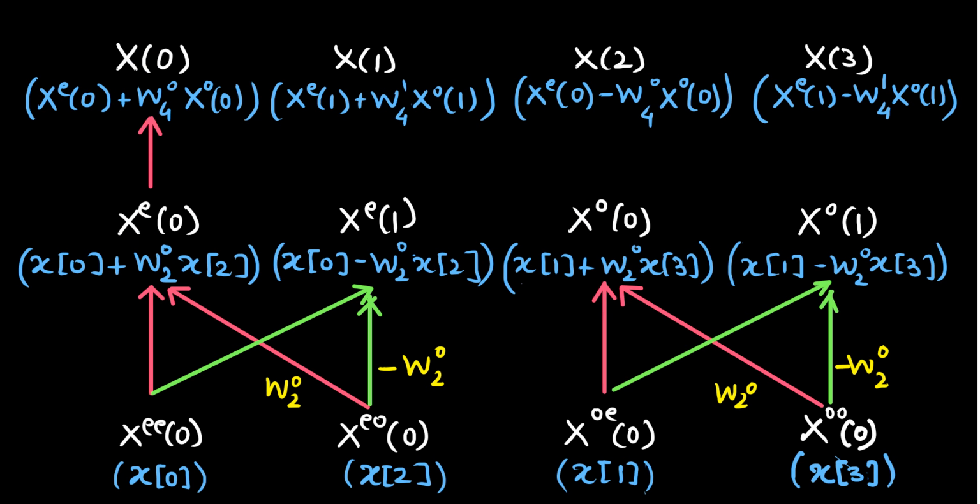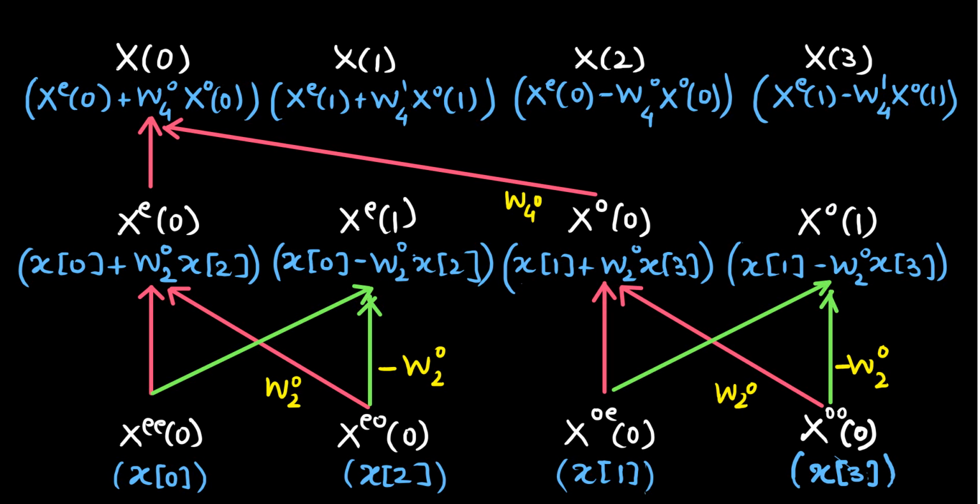We have this x e of 0 and then we have this x odd of 0, and what we observe is the scaling factor is w4 to the power 0. If we consider this x of 1, we have this x e of 1, that is this point here, and this x odd of 1, that is this point here, with a scaling factor of w4 to the power 1.